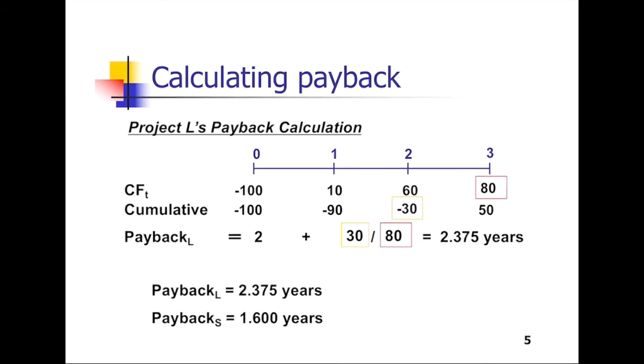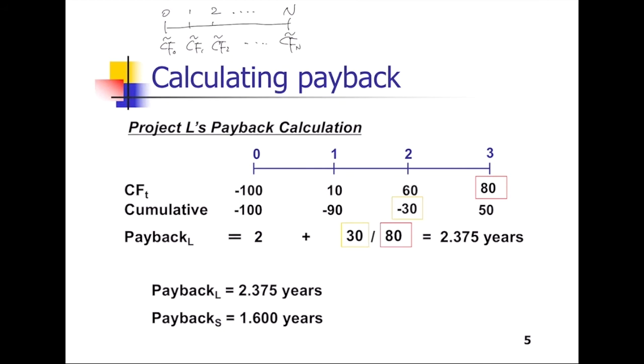First, come up with the timeline of the project. So for example, 0, 1, 2, and so on up to n, and the cash flow at 0, cash flow at 1, cash flow at 2, and so on.